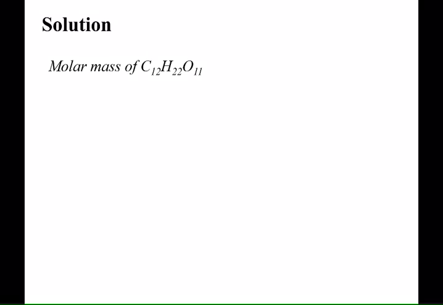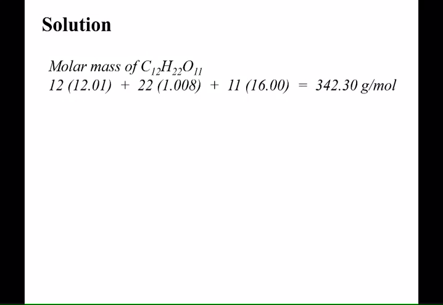You'll have a periodic table, 12 times the decimal number for carbon, that's the first term, plus 22 times the decimal number for hydrogen, plus 11 times the decimal number for oxygen.